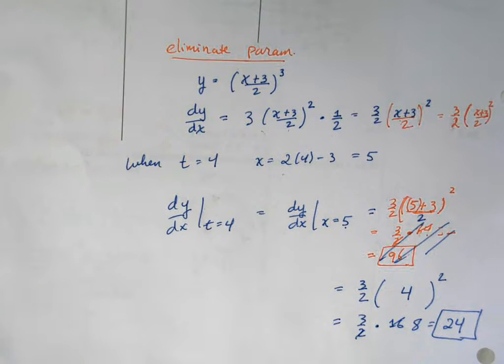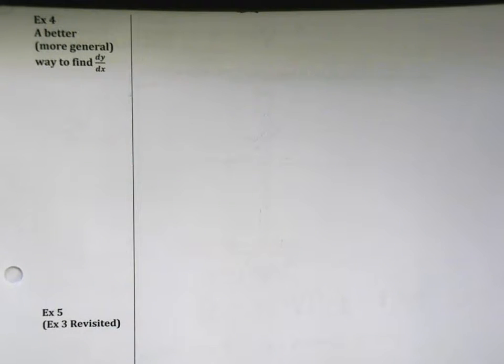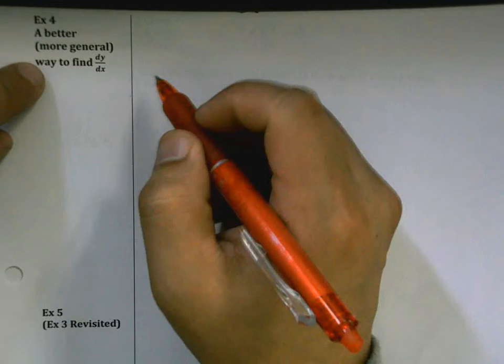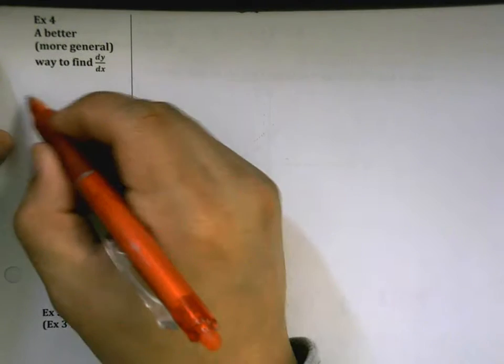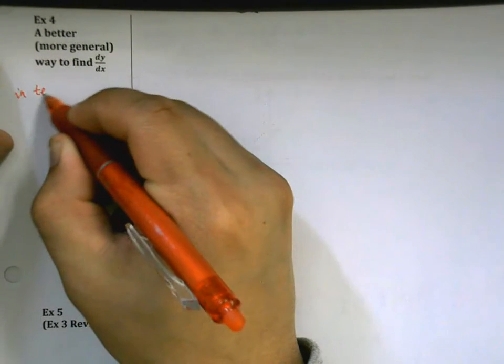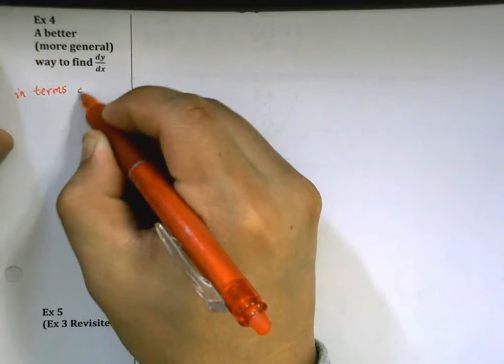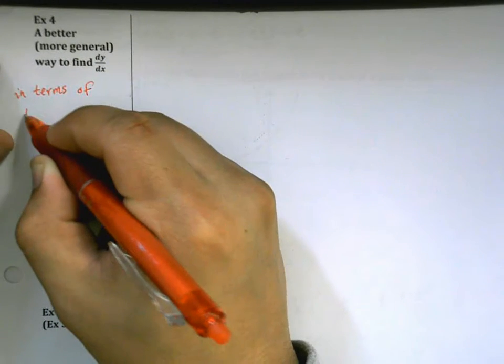Okay. So with that in mind, now we are ready to move on to the next part of our learning of parametric equations. Now, in the last video, you saw me calculate the derivative dy dx at some time. Okay? And we want to find a general method of finding dy dx, in terms of t.